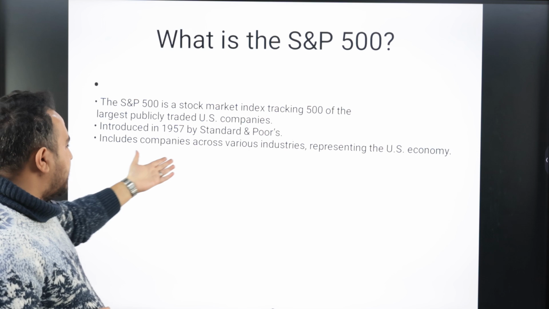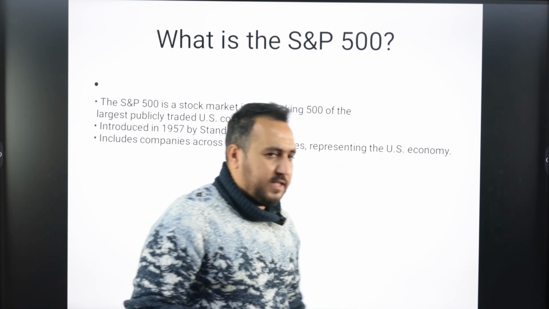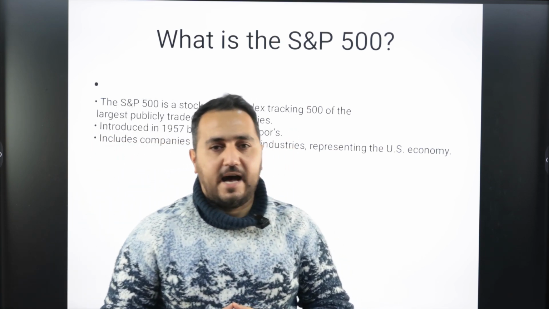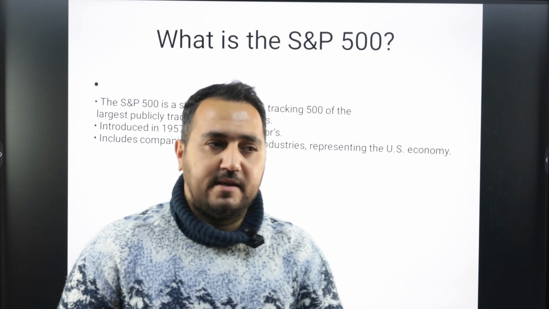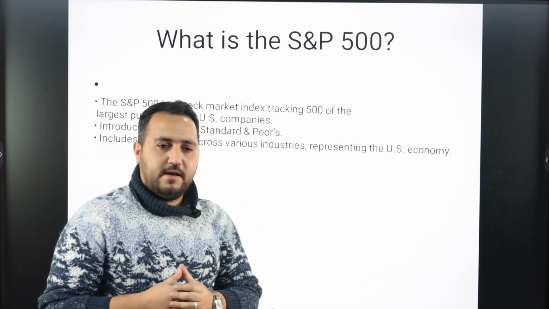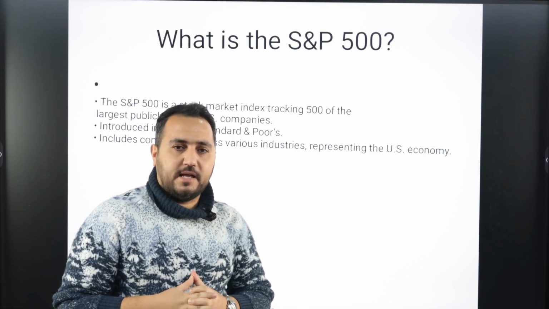It includes companies across various industries representing the U.S. companies. But by the way, not all companies and all business are inside the United States. Some businesses have operations overseas.